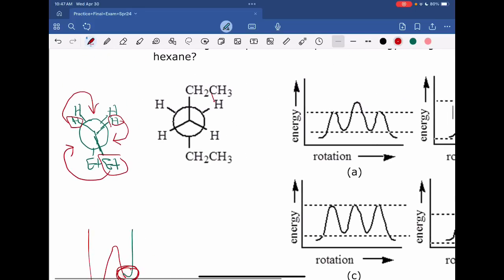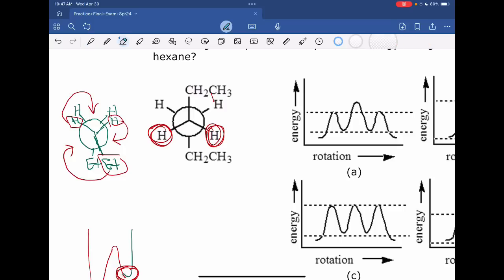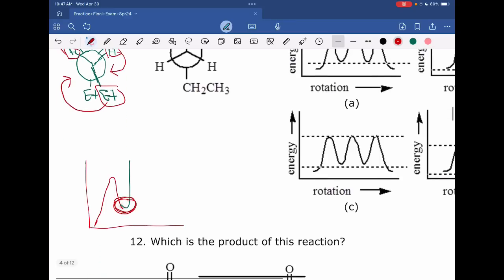Because having the ethyl group here is the same as having it here. They're both gauche conformations, so they are the same. Not only because they're gauche, but also because there's two H's, so nothing matters except where the ethyl group is, because they're just H's. So the graph is going to go down to a local minimum.